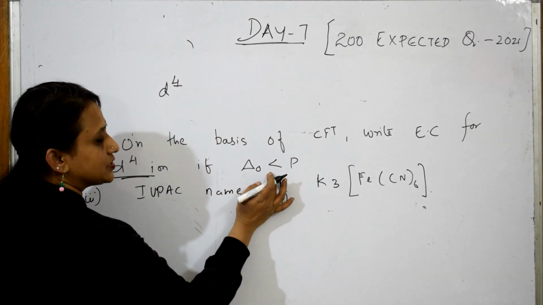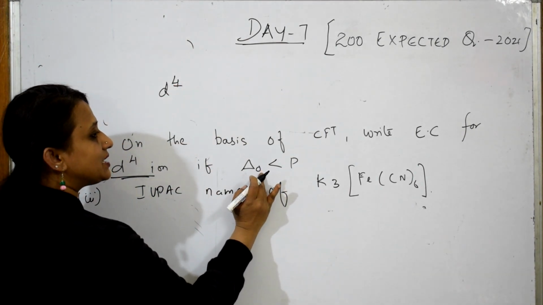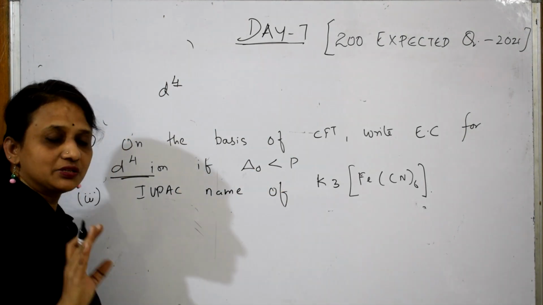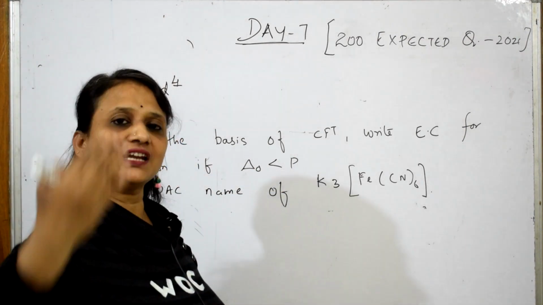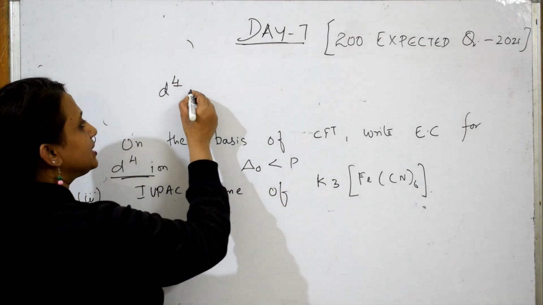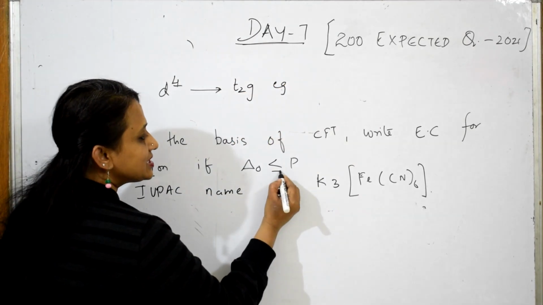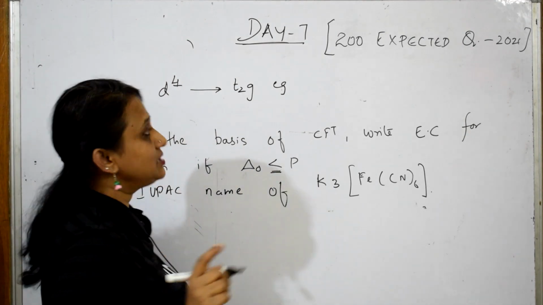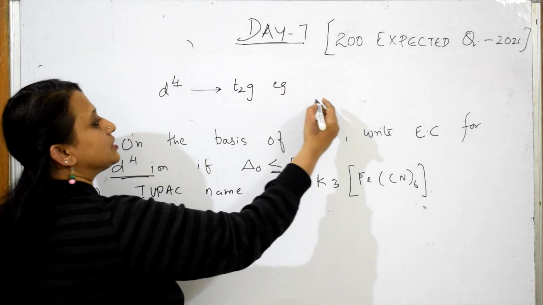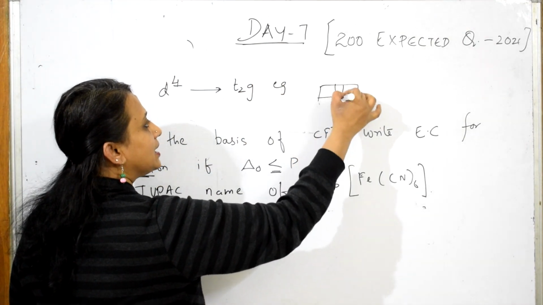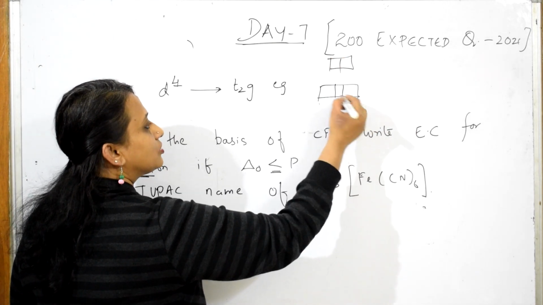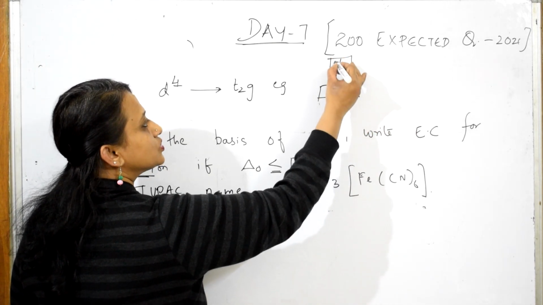Now here this is the concept. They said crystal field stabilization energy is less than the pairing energy, means it will not pair, it will go to the next state, right? That means it has the T2g set, it has the Eg set. If this is less than the pairing energy, means the electrons will be distributed T2g down like this, Eg up. The electron after filling here goes to the higher state.